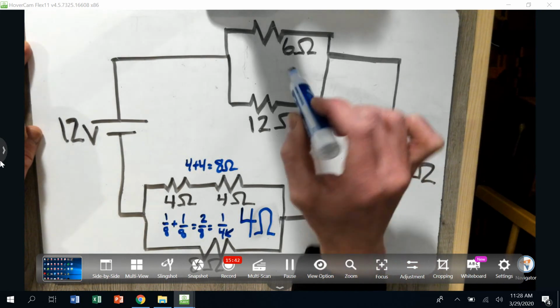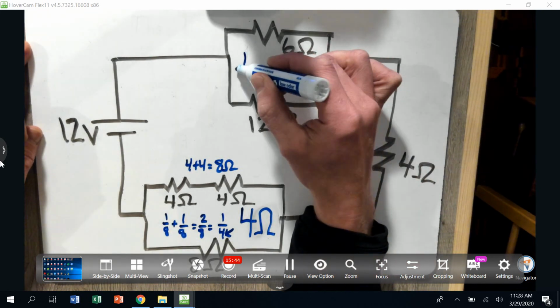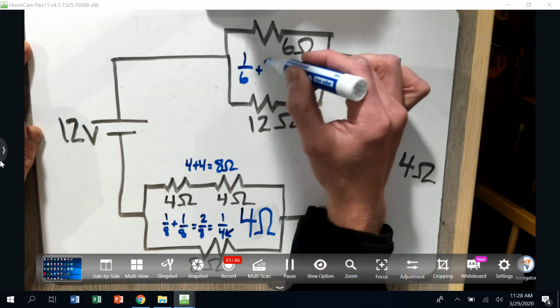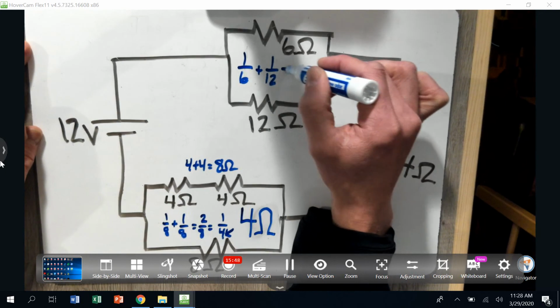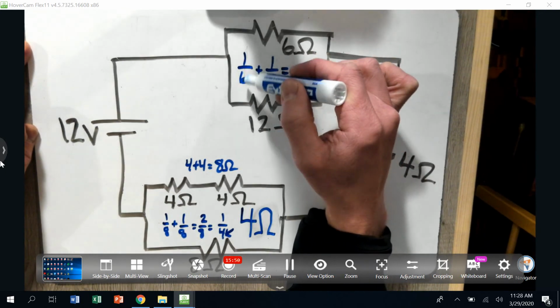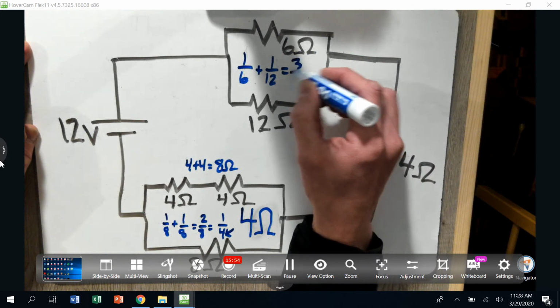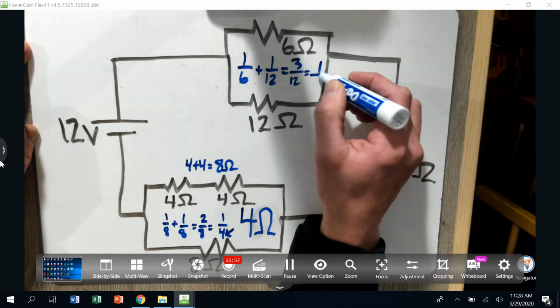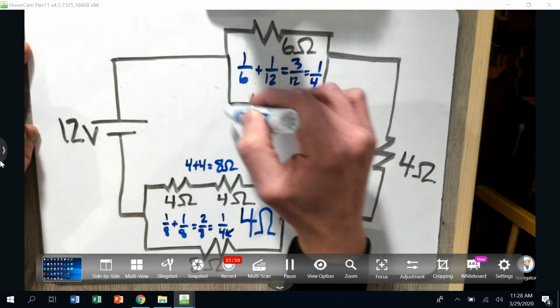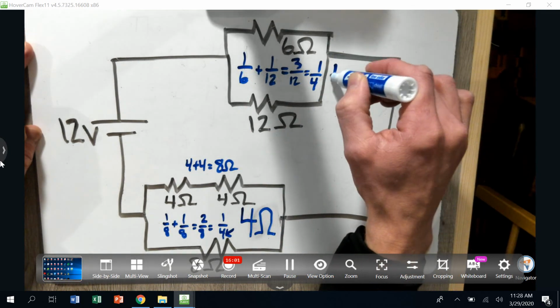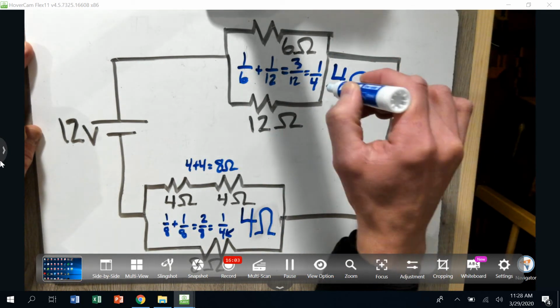Now for this section, I've got 1 over 6 plus 1 over 12. To get common denominators, I'm going to have 2 over 12 plus 1 over 12, which is 3 over 12. And that 3 over 12 gets reduced to 1 over 4. So that means that this whole section acts like one big 4 ohm resistor.